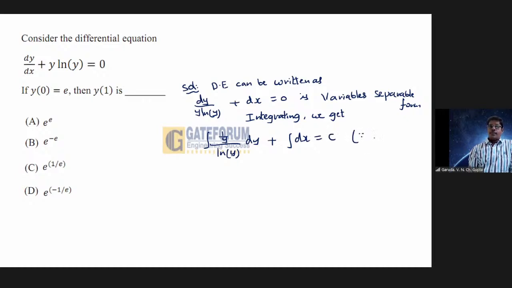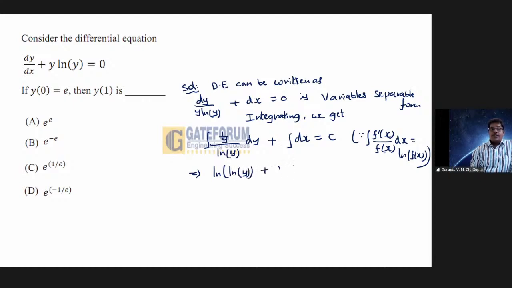Since the integral of f dash x by f of x dx is equal to how much? Log of f x. So here the derivative of log y is 1 by y. So this integration simplifies to ln of ln y plus the integral of dx, which is x, is equal to c. Let us say equation 1.